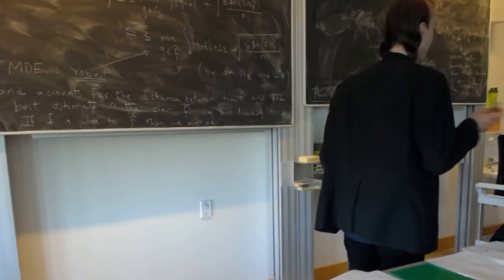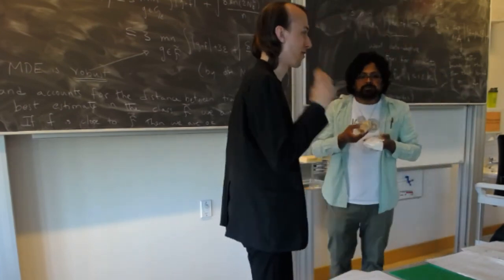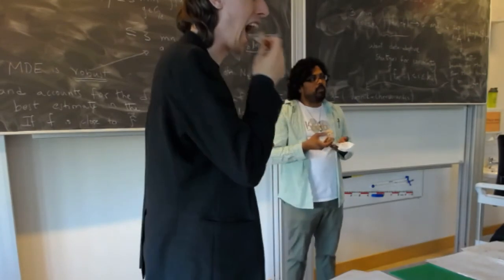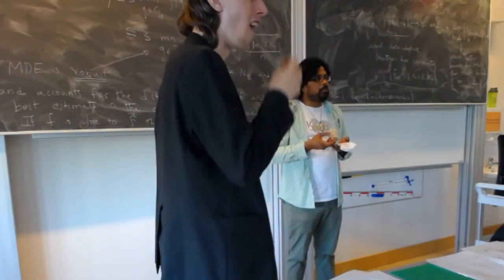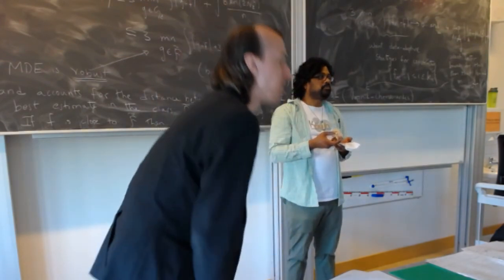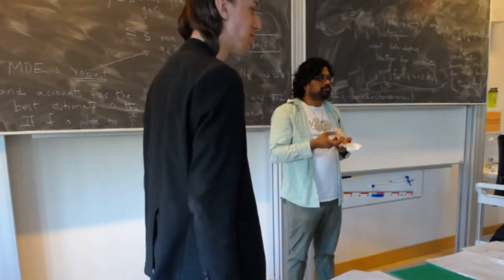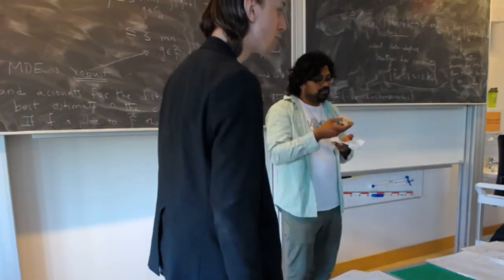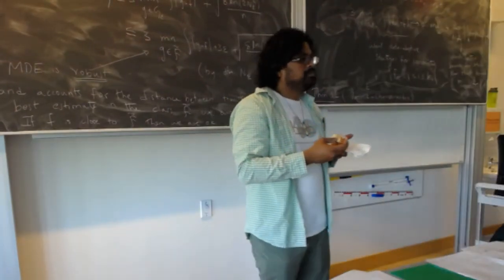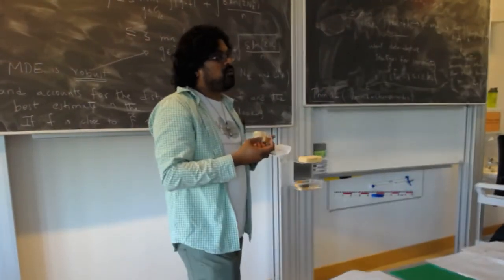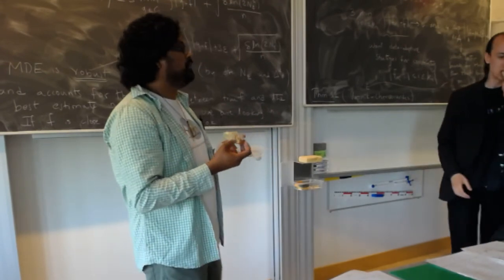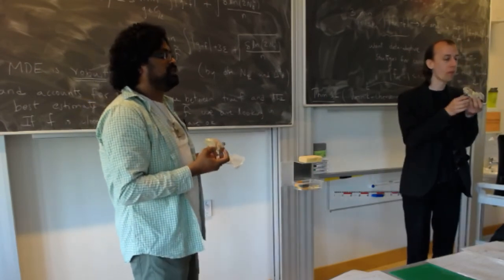I'm not saying it's easy or anything, but if you've seen a bit of these types of things, then it's a natural thing to do. Yes, as I was telling you yesterday, it's like 20 years since I did any analysis at all. So the beginning of the day was a bit hard getting the steam up, if you like. Now at least I can see it and I can follow what you're doing, and I have some idea what's happening. I need to look at it. Yeah, if you look at it once slowly, you should basically get it.